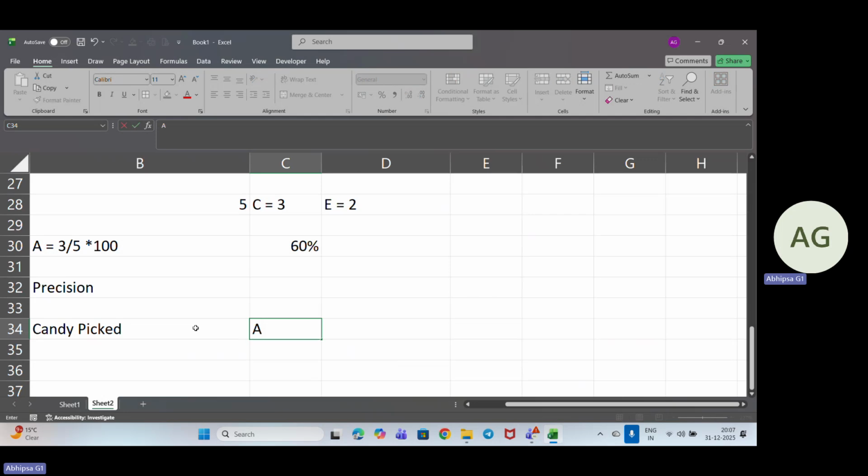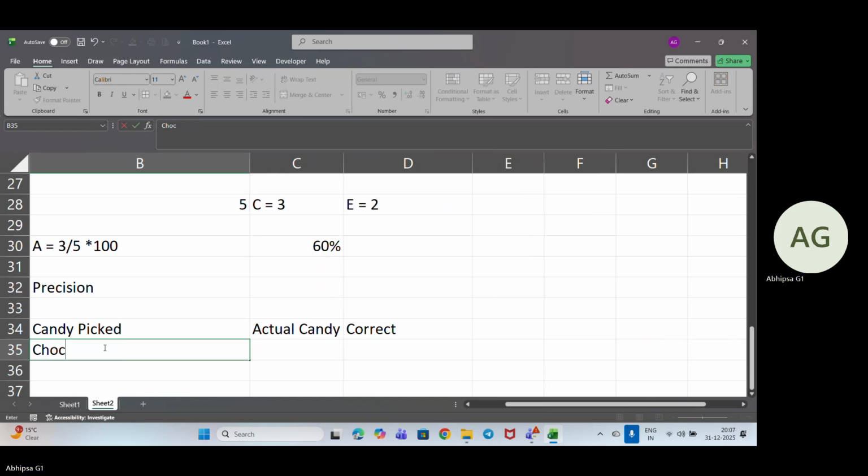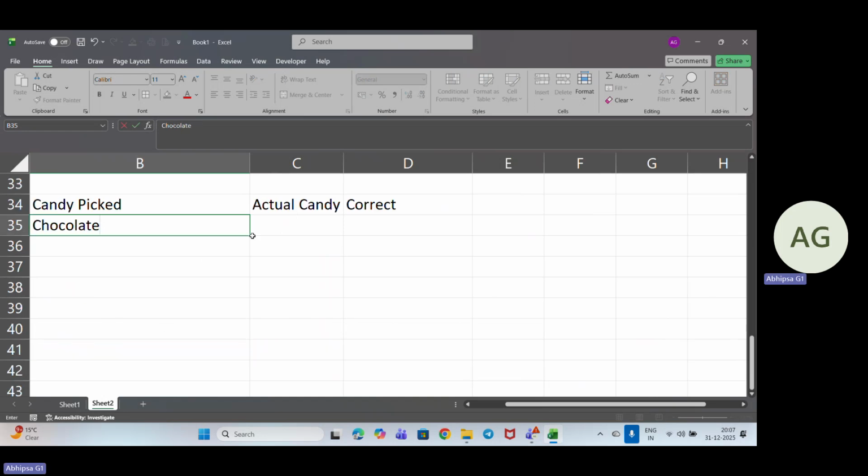Next, we have actual candy, and whether it is correct or not. So the candy picked, what is it? It is chocolate. Majority would be chocolate only, because precision is about the yes part only.